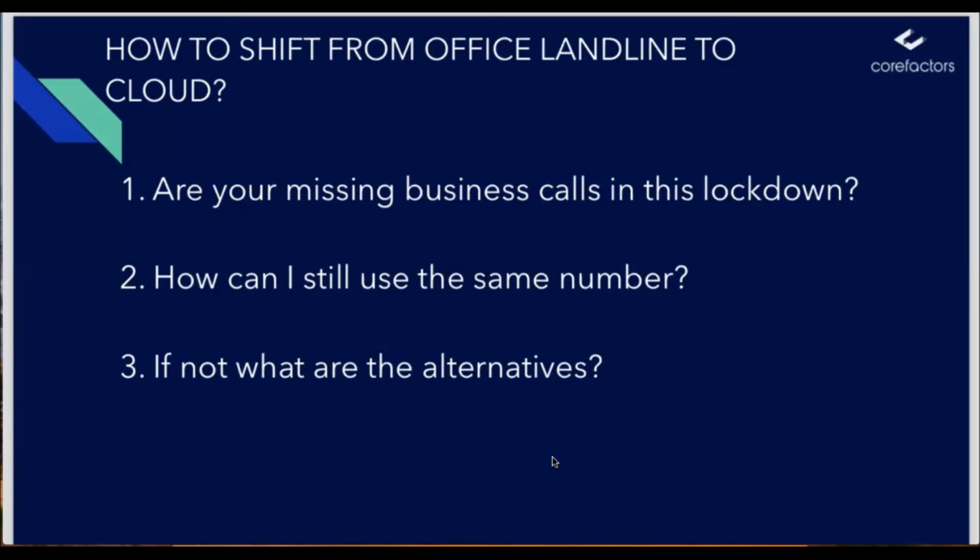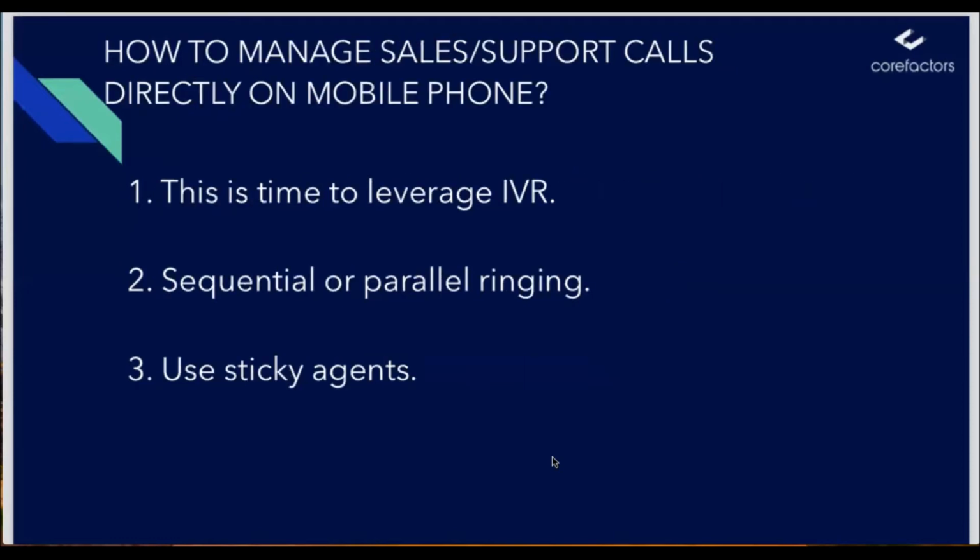You can use that number on all your websites, support channels and social media, so that any customer or prospect who wants to reach you can reach out to this alternative number. So one thing is that you can write a mail to the operator, and second, you can leverage the service provider's virtual number, so that number can be used to track all your calls. This is how you can shift your office landline to cloud.